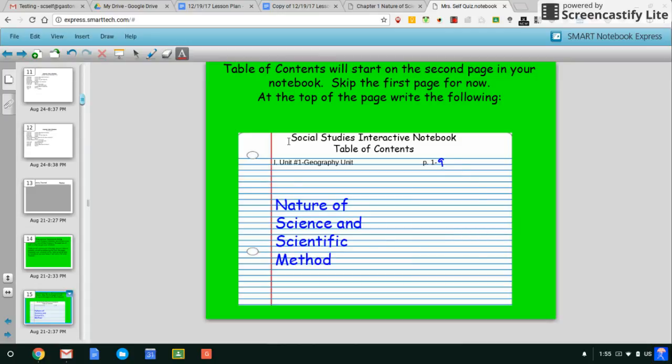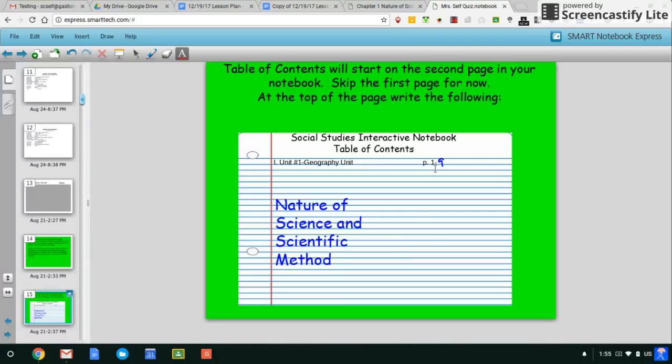Hang on, I'm going to type it for you. So instead of geography unit, this is going to be our title. And I don't want you to worry right now about the page numbers, because it's not going to be nearly this many page numbers, because unit 1 is going to be really short for us in science. Okay, so that's your first page in your notebook.